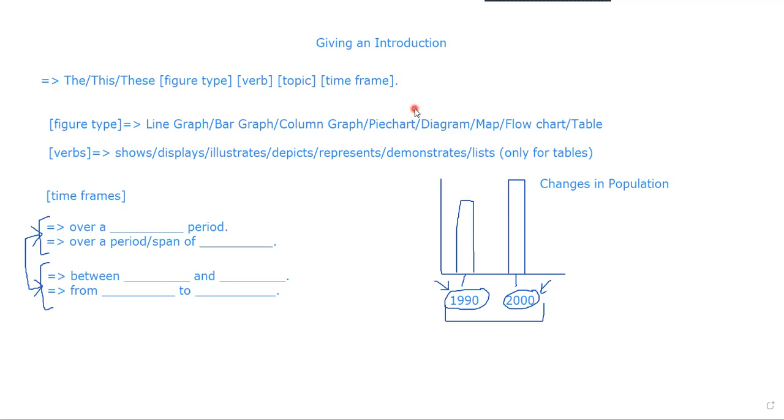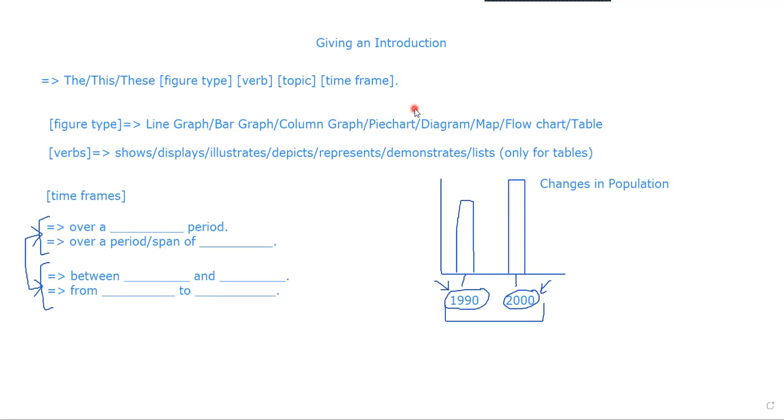Then Alex, kindly share yours with us. This column graph shows change in population from 1999 to 2000. Very good.